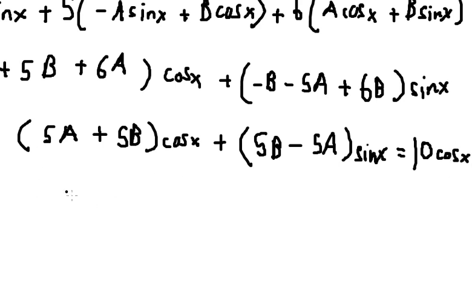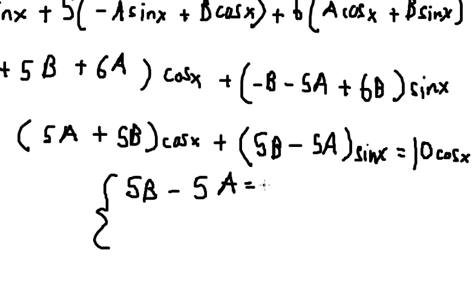So this one, we can see that we don't have sine x, so 5b minus 5a equals 0. This one, 5a plus 5b, we have cosine x, and this one equals 10. So 5a plus 5b equals 10 in here.